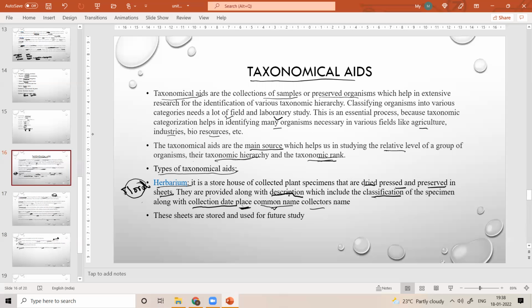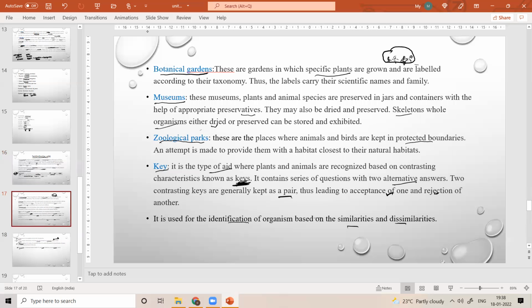So here, what are the different types? Herbarium, botanical garden, museum, zoological park, and key. As we discussed, a key is something which has contrasting characters, whether present or absent. Only those contrasting characters are paired, and that is called a key. So the presence or absence of something is called a key.